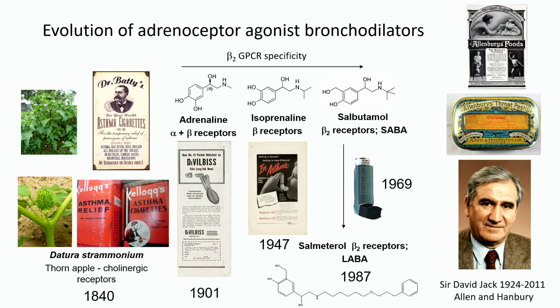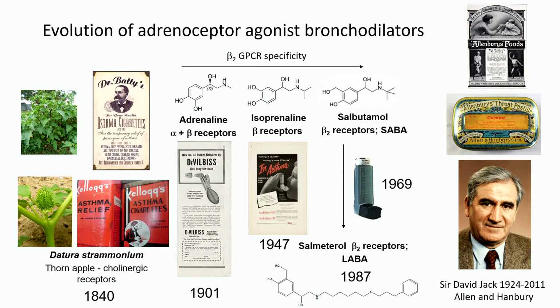And of course, this really brought in the pharmaceutical industry. I only mention one company here, which is Allen and Hanburys, which started off its journey with foods, as you can see at the top, in the early 1900s, but then emerged as a pharmaceutical company.